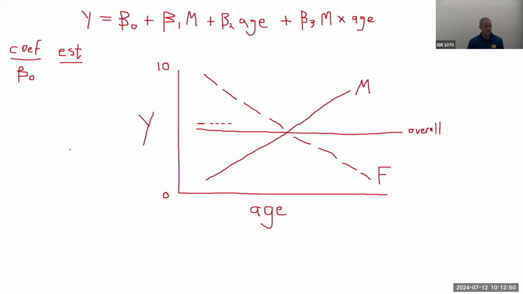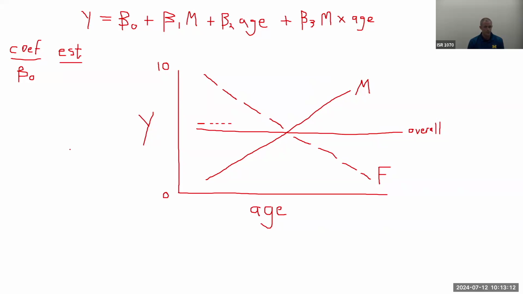Not a trick question. This is something you guys should be comfortable with at this point. Who can tell me what beta 0 means in plain English in this model? Age is continuous. Male is a 1, 0 indicator for being a male. What's the plain English interpretation of beta 0?